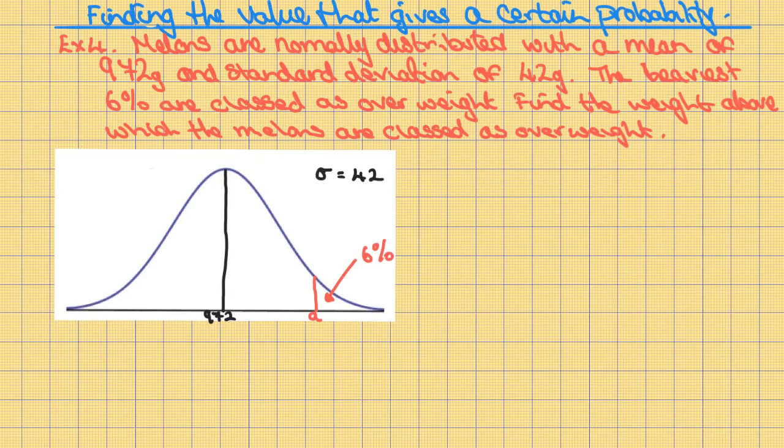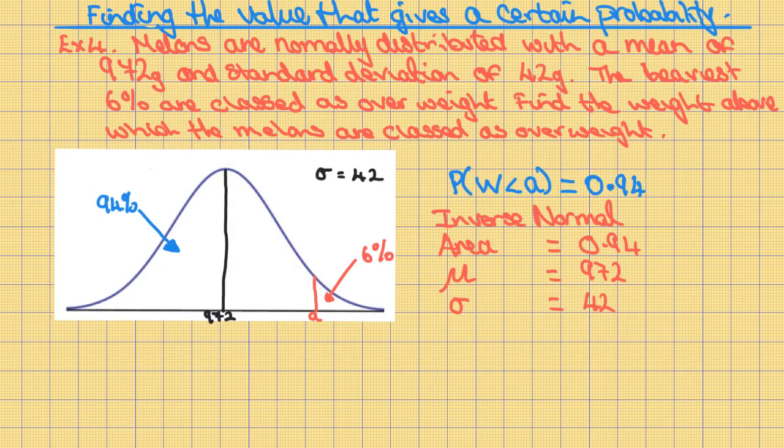If the top 6% are overweight, 94% are not overweight. So we want to find the probability that the weight W is less than A is equal to 0.94, which is 94%. We can do that on a GDC.